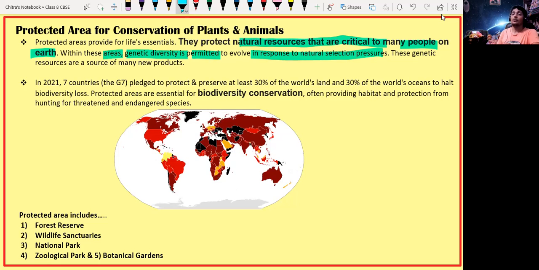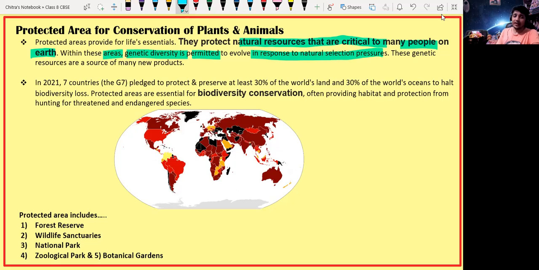That area will be restricted for others, and it provides habitat for those organisms, maybe plants or animals, that are going to be extinct in future. The genetic resources are the source of many new products. Is it or not? Yes.